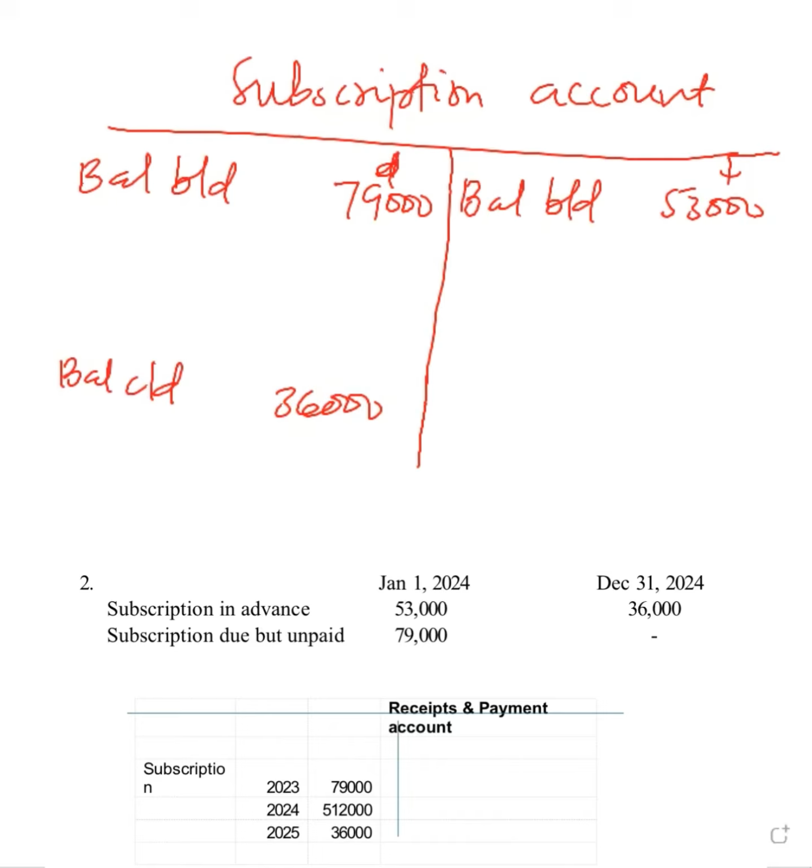But this is for this particular year. So we don't pick only the 2024 amount, which is the 512,000, but we add all because it was received in 2024. So what we do is we write receipt and payment account. Then we add all that: the 79,000 plus 512,000, then plus 36,000.